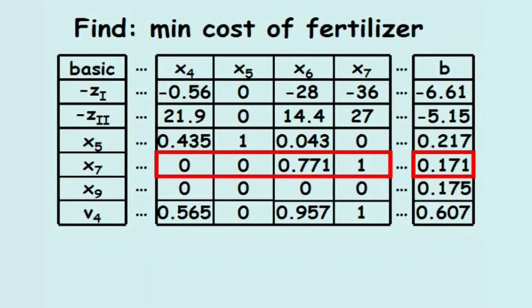Next, 36 times row x7 is added to row z1, 27 times row x7 is subtracted from row z2, and 1 times row x7 is subtracted from row v4.